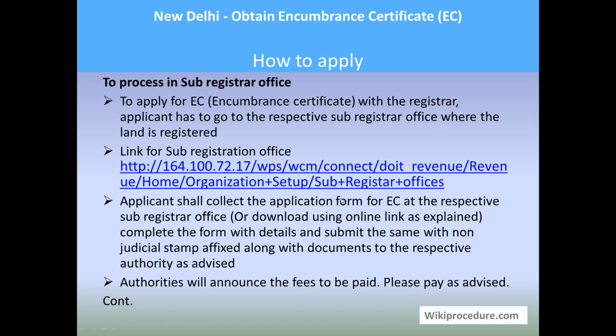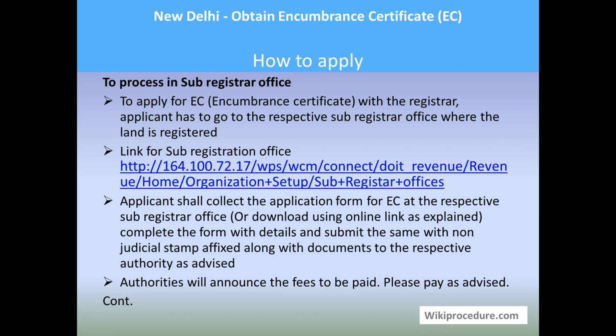Mark the address and go to the address. Collect the application form from the respective officer on your visit, and pay for it if required, or you can download it using the online link provided in the earlier slide, and complete the application form.